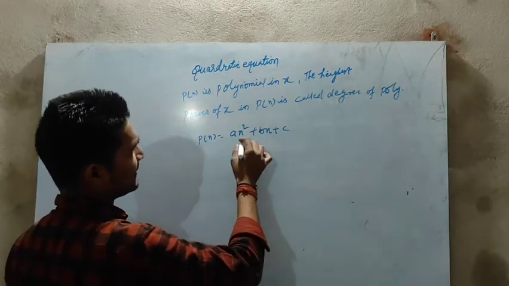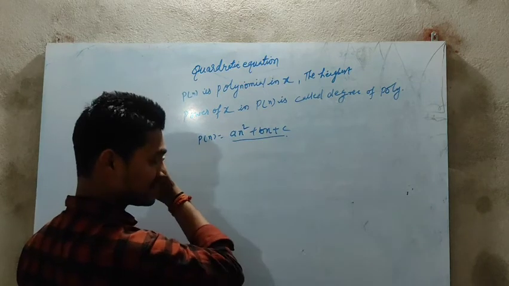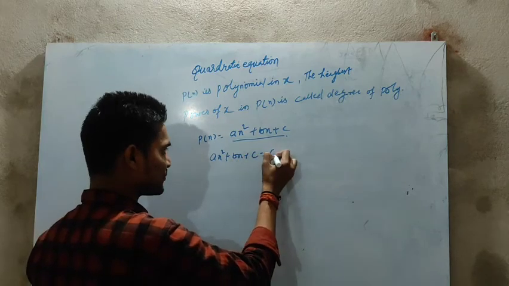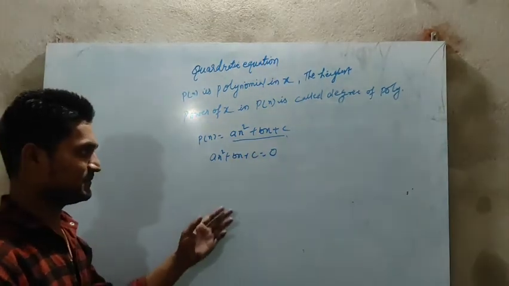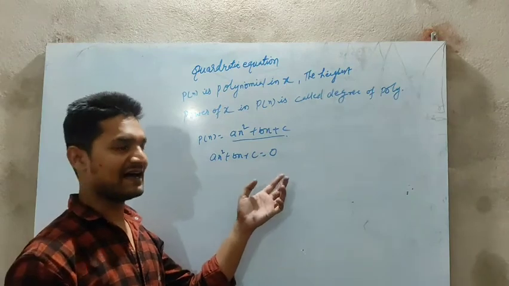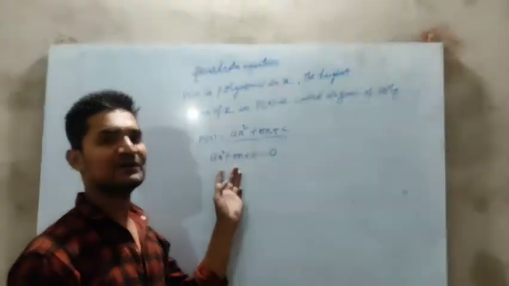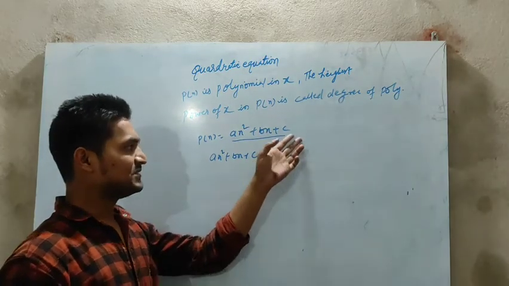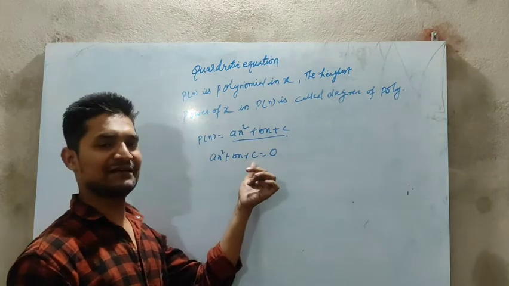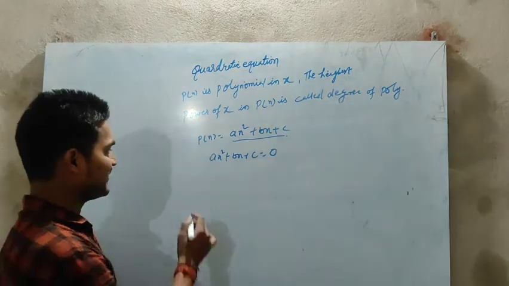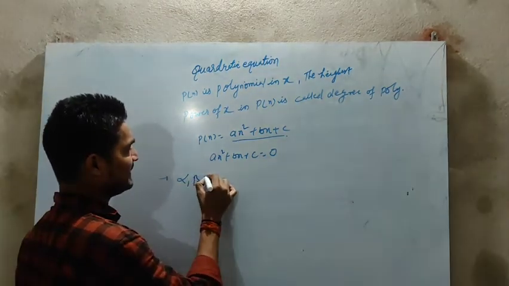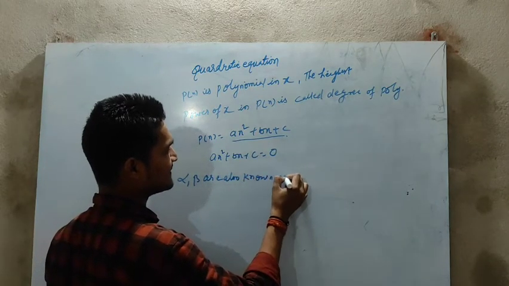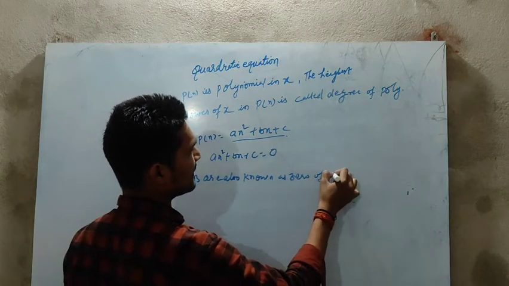Now let us suppose the quadratic equation ax^2 + bx + c = 0. If the highest power of x is 2, then the values of x, or the zeros of ax^2 + bx + c, are always 2, where alpha and beta are known as the zeros of the quadratic equation.